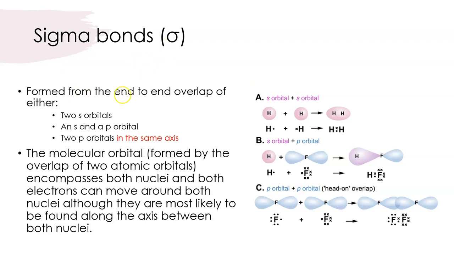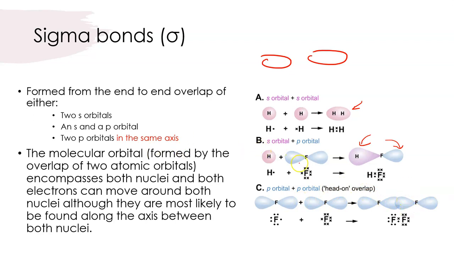Sigma bonds are always formed from the end-to-end overlap of either two s orbitals, remembering s orbitals have our spherical shape, s for sphere, or an s and a p, forming the new occupied molecular orbital and an unoccupied molecular orbital, or the end-to-end or head-to-head overlap of two p orbitals.